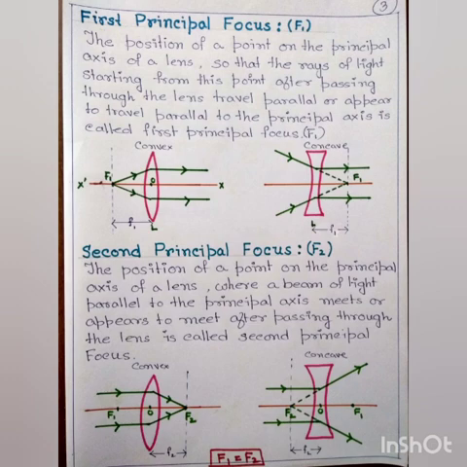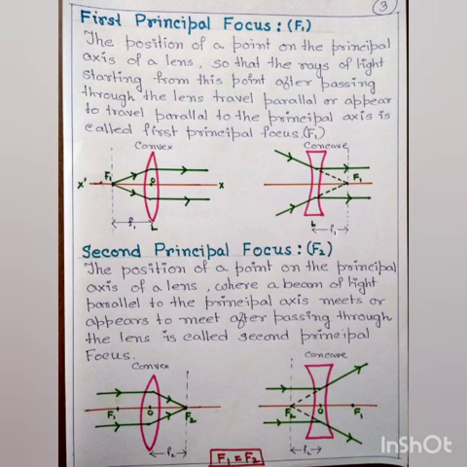Now see, for both principal foci, the lengths are equidistant from the optical center, that is f1 equals f2. For each lens, the focal length of f1 will be the same as f2. The length of the first principal focus and second principal focus are both the same. Now one thing more I have to discuss about principal focus.